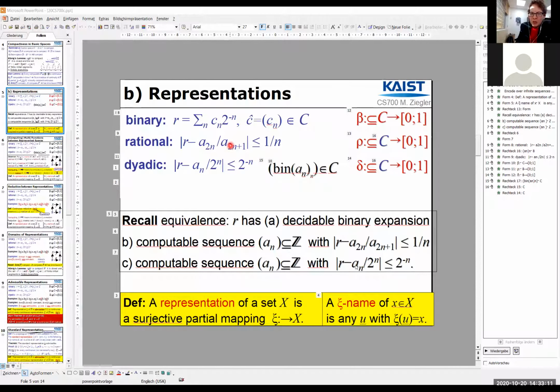Approximation by rational numbers, by fractions, corresponds to the rational representation, and approximations by dyadic rationals corresponds to the dyadic representation.